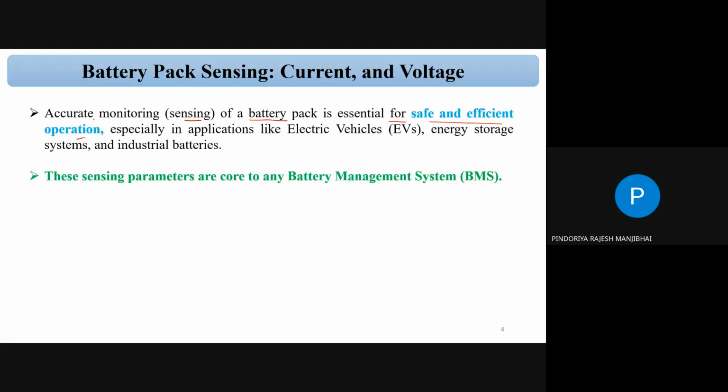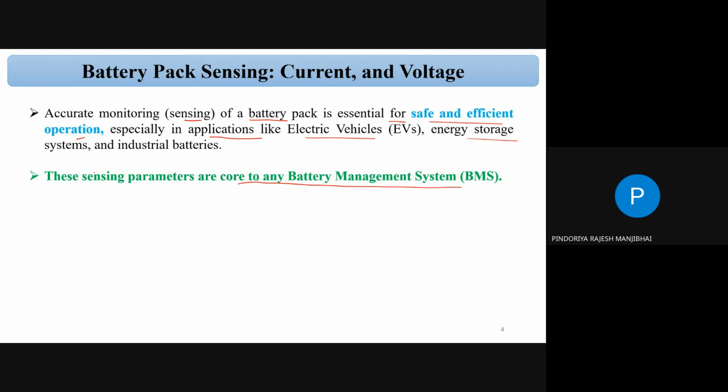We measure all the parameters for the safety of the battery as well as high efficiency, especially in applications like electric vehicles, energy storage systems, and industrial batteries, correct? These sensing parameters are core to any battery management system.